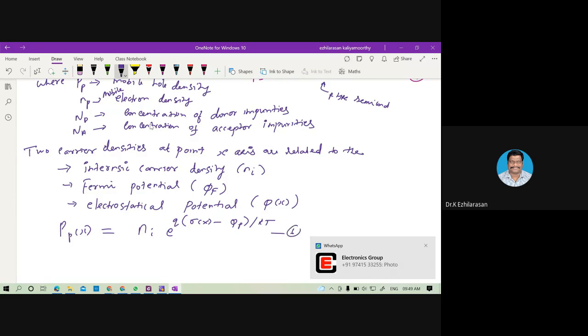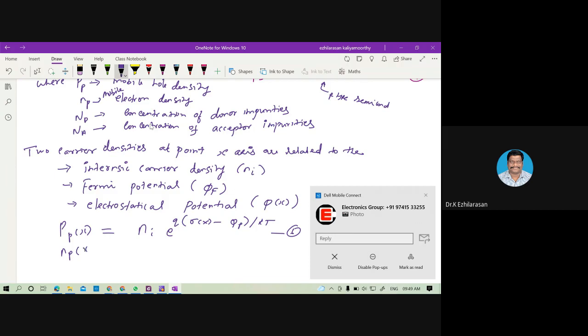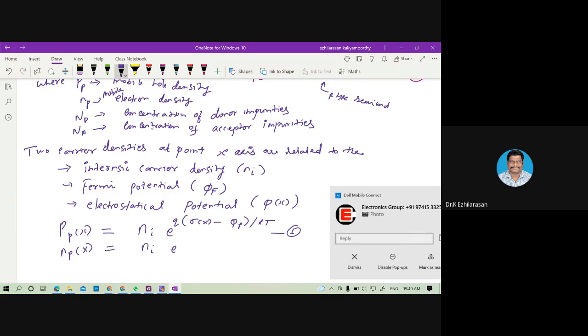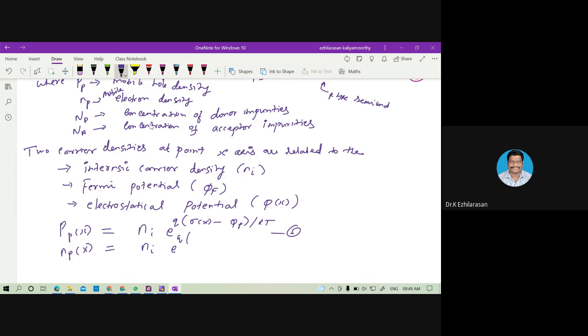I think this will be equation number 7. Then similarly n_p of x is equal to Ni into e to the power q of phi of x minus phi F divided by kT. These two I will consider as equation number 7.